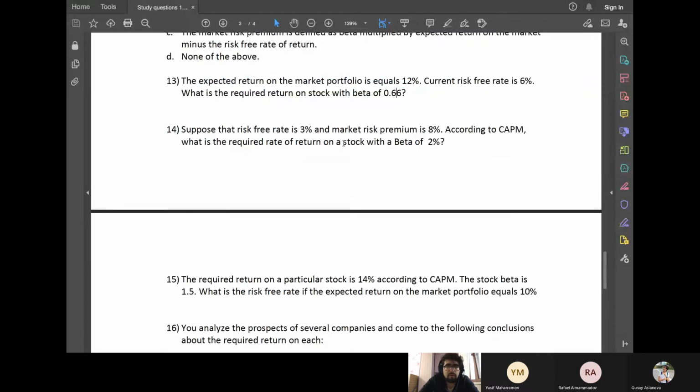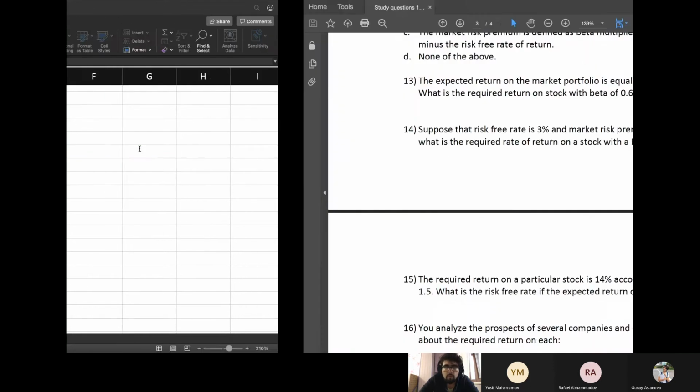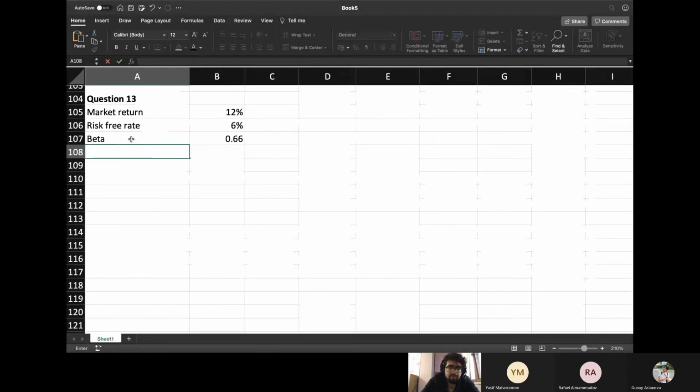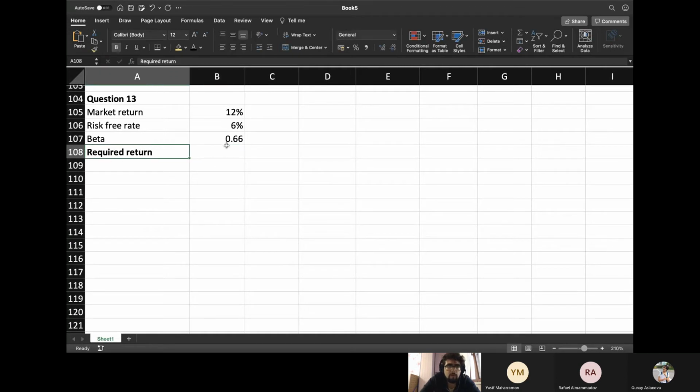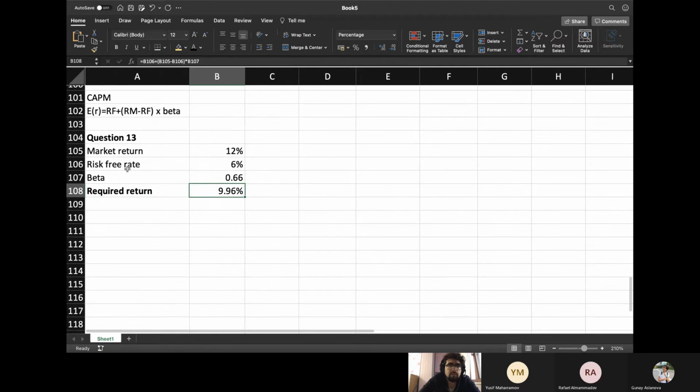The expected or required return of the stock is equal to the risk-free rate plus market minus risk-free times beta. That's an easy question. We are referring here to the CAPM formula.